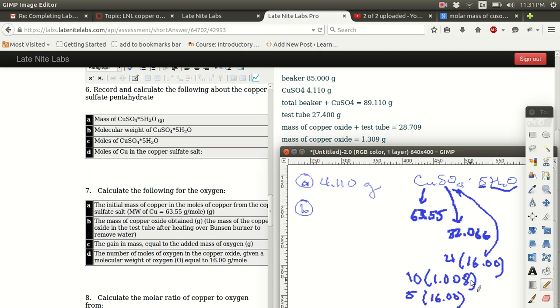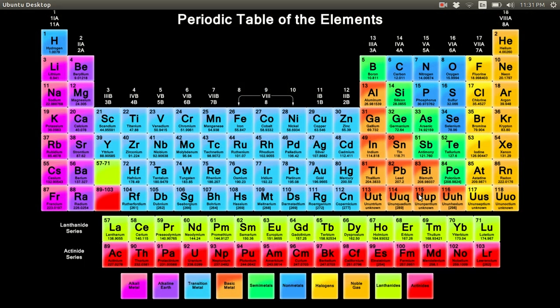Now just to be clear, I'm getting these numbers from the periodic table. Oxygen 15.9994, that rounds to 16.00. Sulfur 32.066. Copper 63.546, that rounds to 63.55. Then hydrogen, that rounds to 1.008.